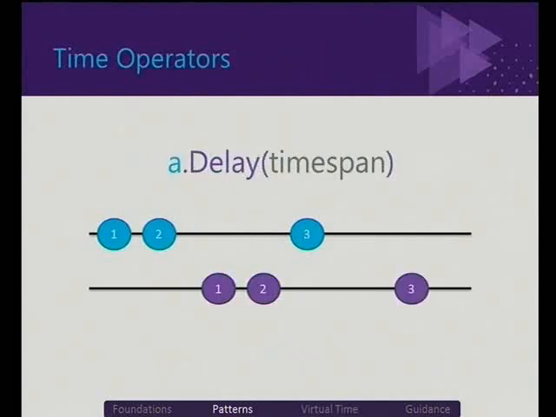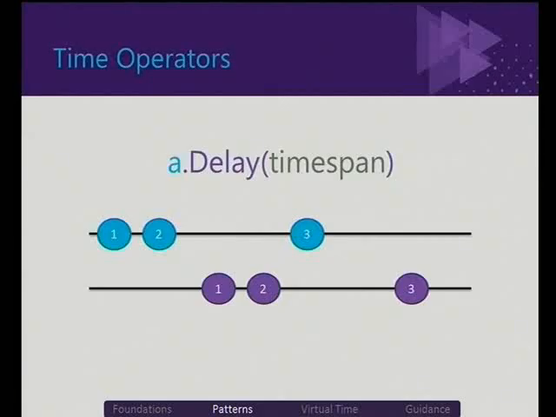Okay. Now we start getting a bit more interesting with time. This operator takes the observable collection from the left-hand side and delays all the elements in it by a certain amount of time. So time's ticking away, one fires up here. We don't see this down here.